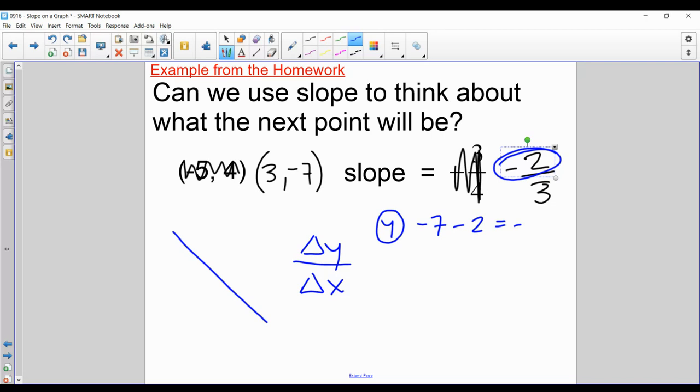That's going to give me -9. My x is going to start at 3, and it's going to go over 3, so I'm going to add 3, and that's going to be 6. So my new point would be an x value of 6, y value of -9.